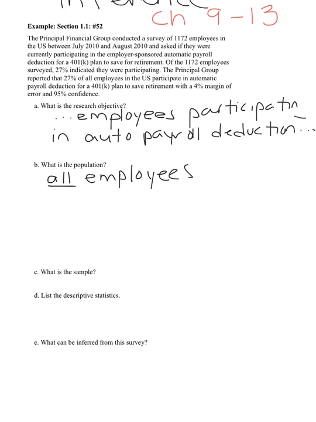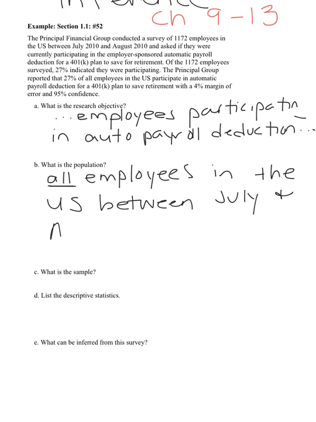And again, all is the keyword: all employees in the U.S. between July and August 2010. All right, and the sample again is that small subset of the population. So it's that 1,172.